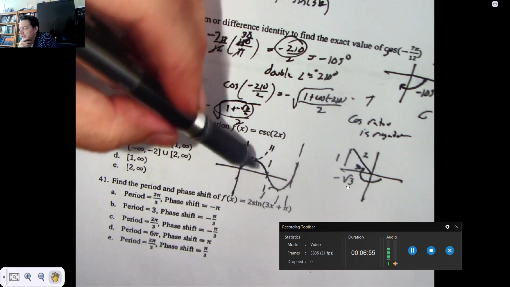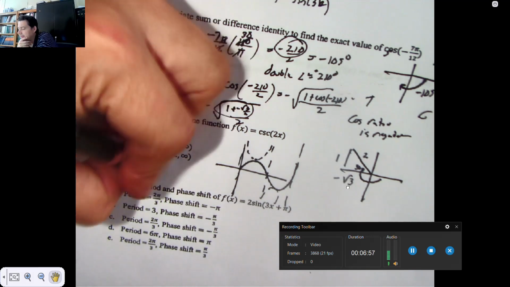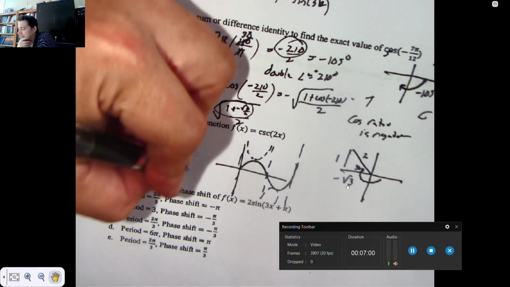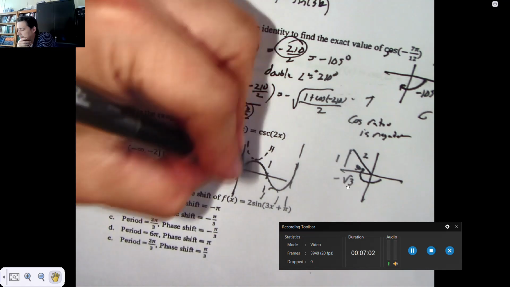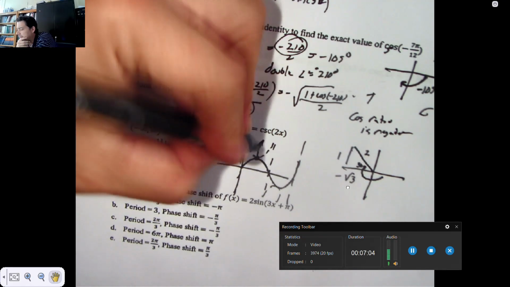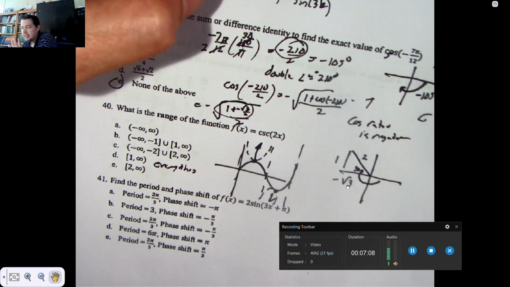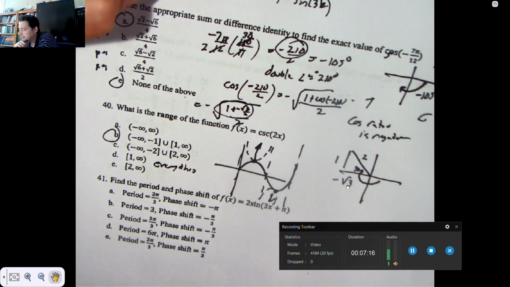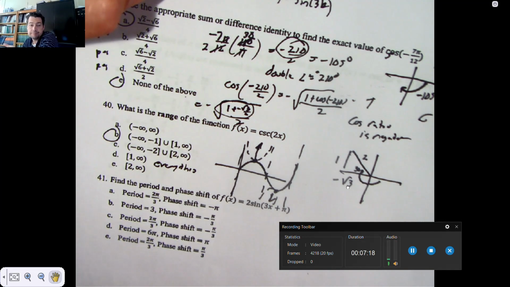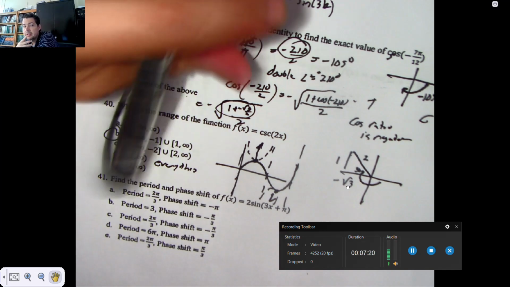So cosecant is everything from here up and from there down. It includes everything except for the space between negative 1 and positive 1, non-inclusive. It's choice B. It was just by knowing a graph.